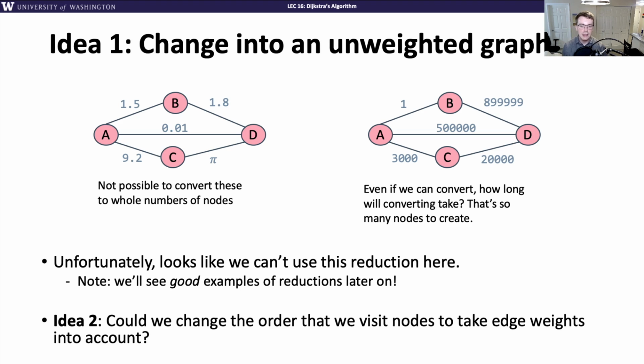For example, it's not always possible to convert edge weights to a whole number of nodes. So if you look on this graph on the left here, I have 1.5, 0.001, or 0.01, 1.8, 9.2. It's not clear how I can expand those into an integer number of edges.